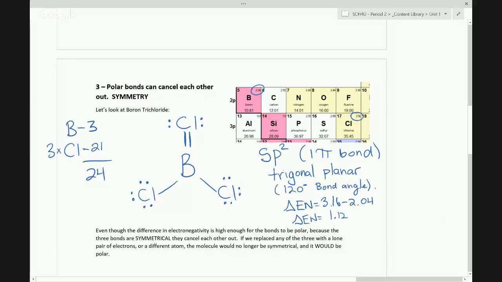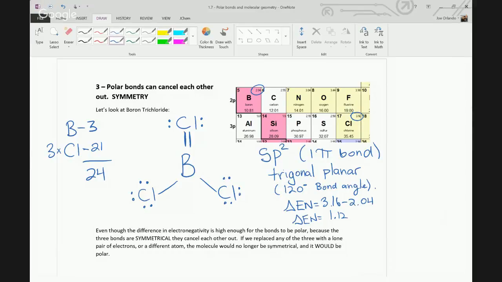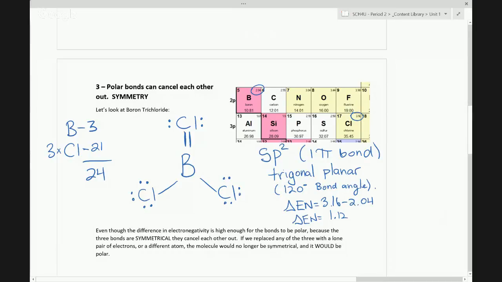And that is enough to give us a polar bond, which means that here, the electrons are always going to spend more time with chlorine. So in this bond, the electrons spend more time with chlorine. In this bond, the electrons spend more time with chlorine. And in this bond, the electrons spend more time with chlorine.